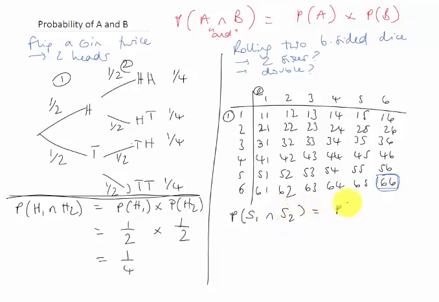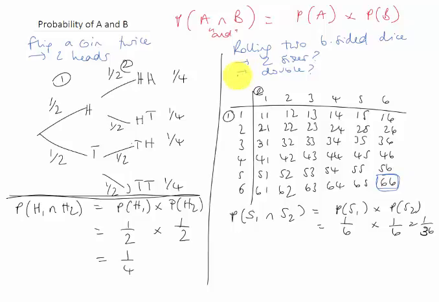So that's the probability of a 6 on the first times the probability of a 6 on the second. So that's 1 in 6 times 1 in 6, or 1 in 36. And indeed, there are 36 possibilities here, and they're all equally likely, and one of those is a double 6.